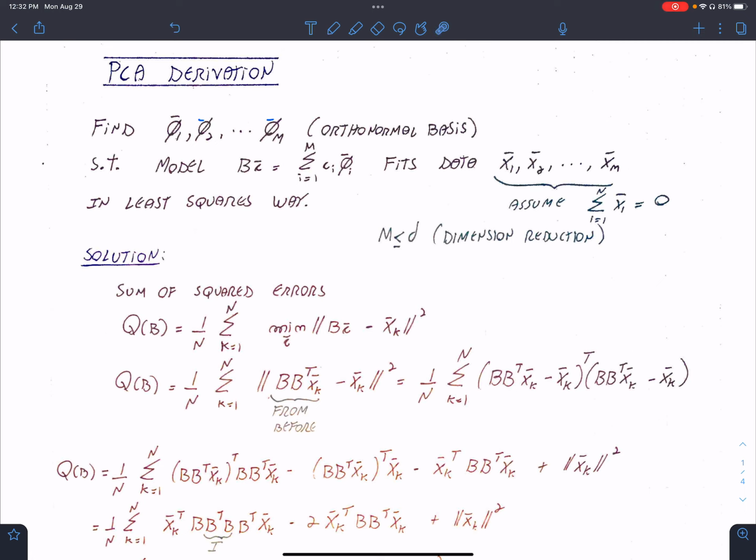So the goal is to find this set of orthonormal vectors such that the linear model, composed as the weighted linear combination of these basis vectors, fits the data set we've been given, x1, x2, xm, etc., in some optimal way.